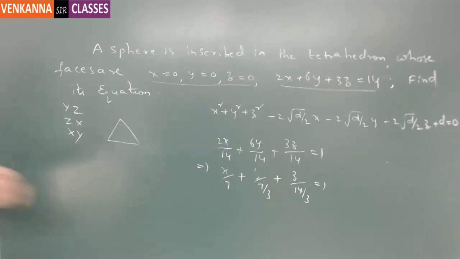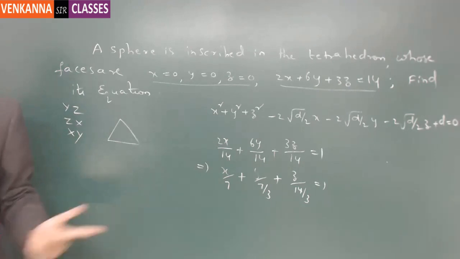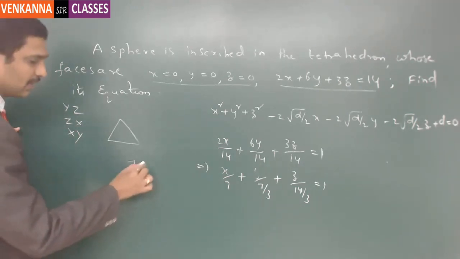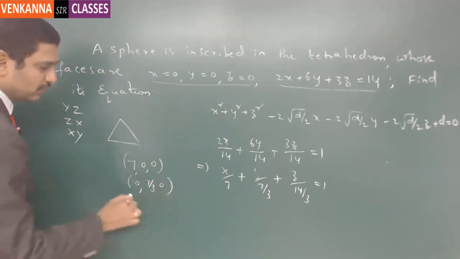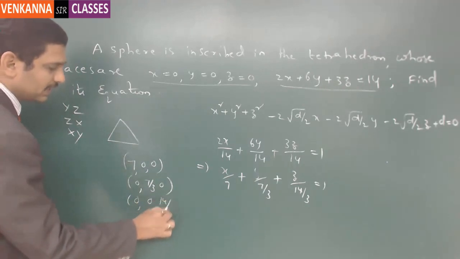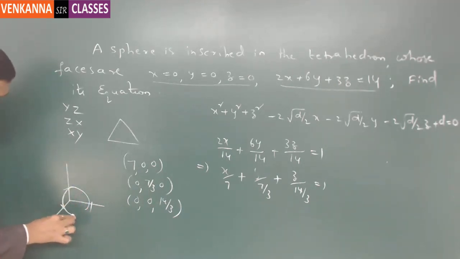From this you can say that this plane makes intercepts on the axes as 7, 0, 0; 0, 7 by 3, 0; and 0, 0, 14 by 3. Accepted? So if you consider the axes, this is one point, this is one point, this is the other point. Since the plane is making intercepts, the sphere must fit inside of it. Agreed?